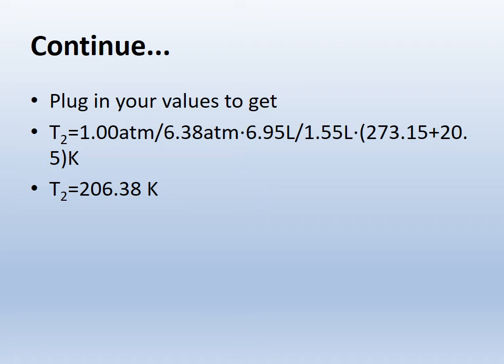And after that, you will solve it, and you will obtain your temperature value, that is 206.38 degree Kelvin. Okay, so in this way, after putting the values of P2, P1, V2, V1 and T1, you will obtain your value of T2, 206.38 degree Kelvin.